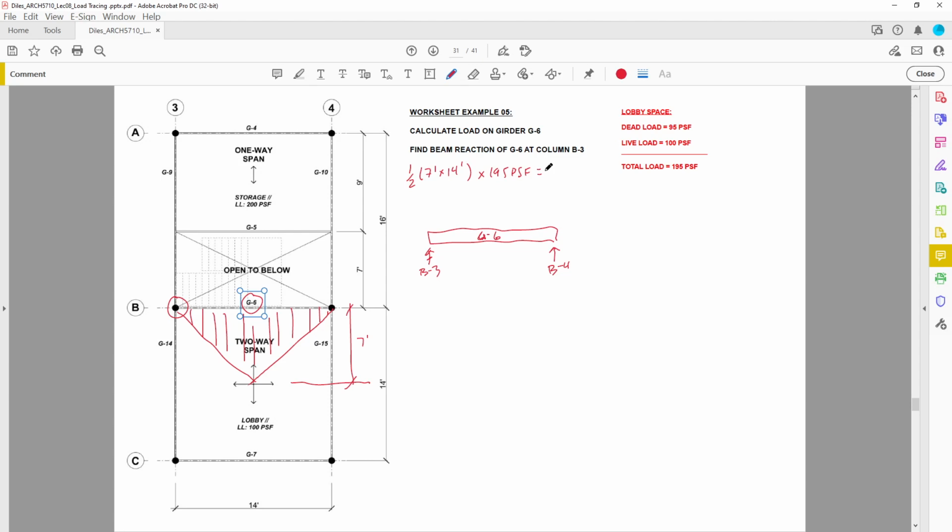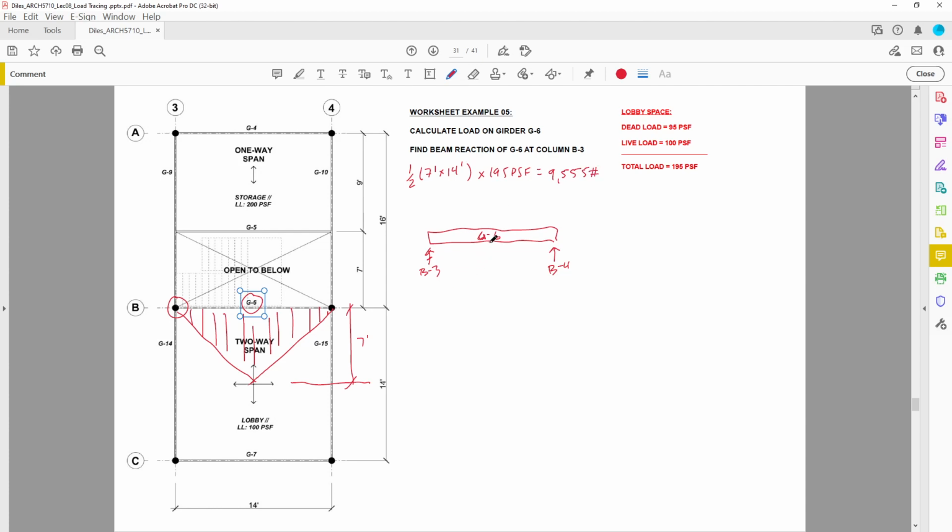It's 0.5 multiplied by 7 times 14. That gives us 49 square feet times 195 pounds per square foot. So the total load in this area is going to be 9,555 pounds.